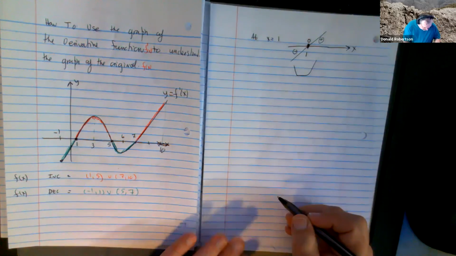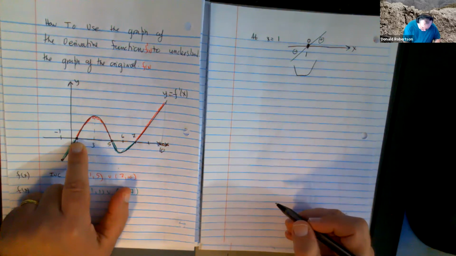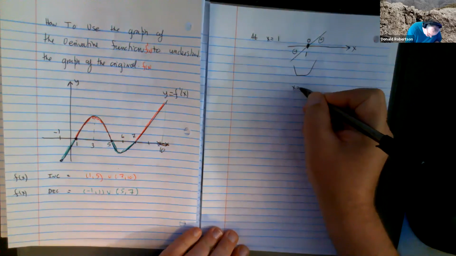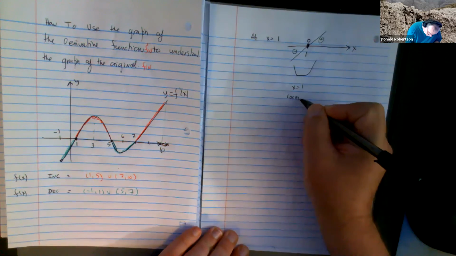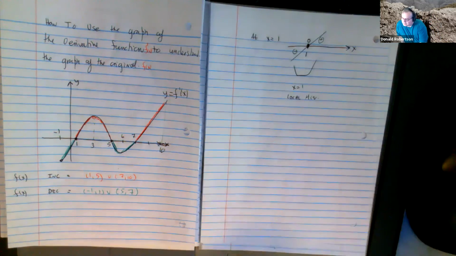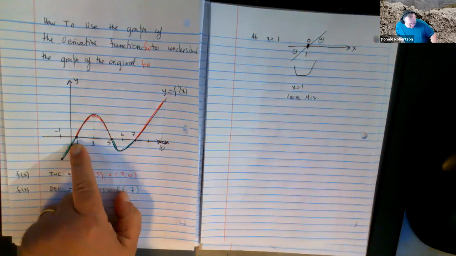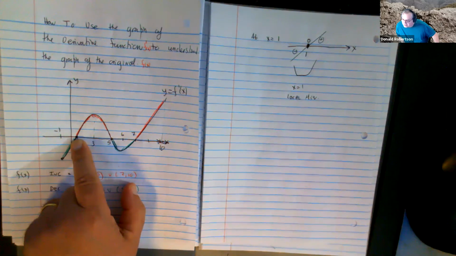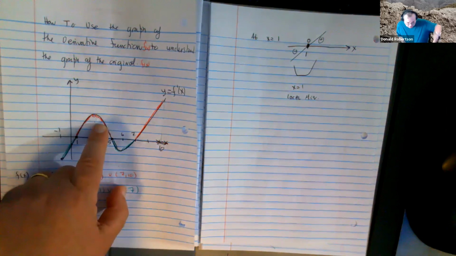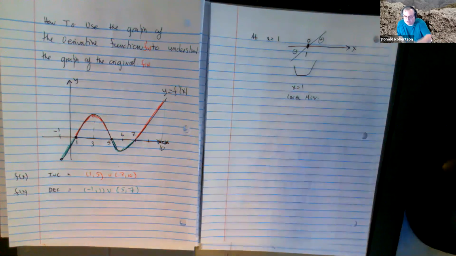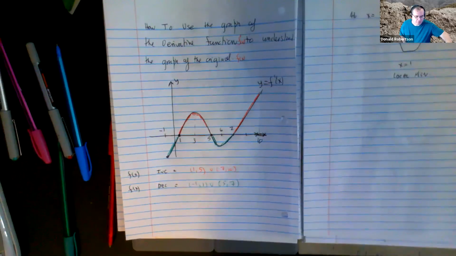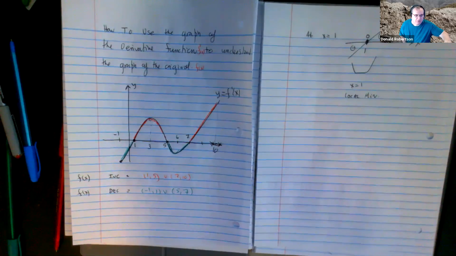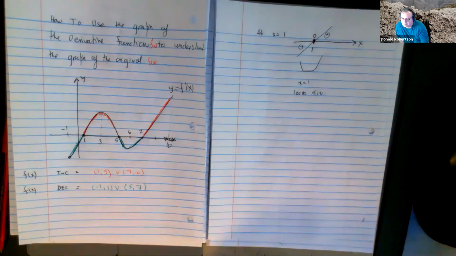Doesn't that mean that at x equals 1 that's a local minimum? Would you agree? Negative, decreasing, 0, increasing. Are we cool with how I did that?